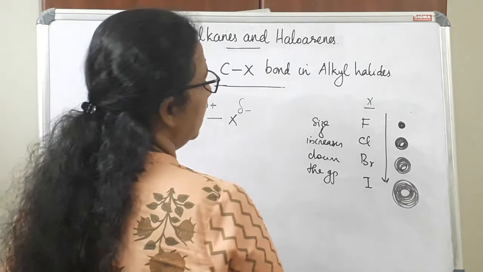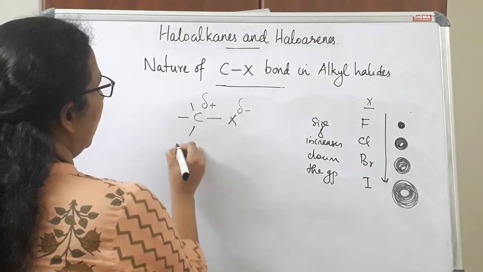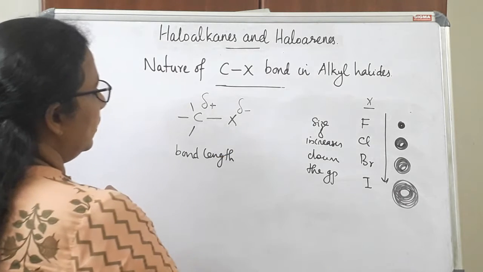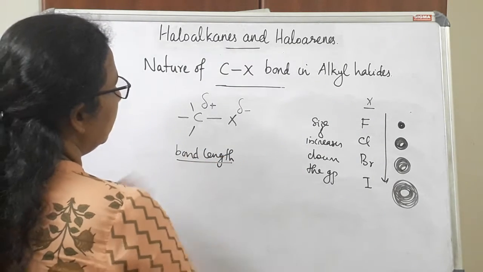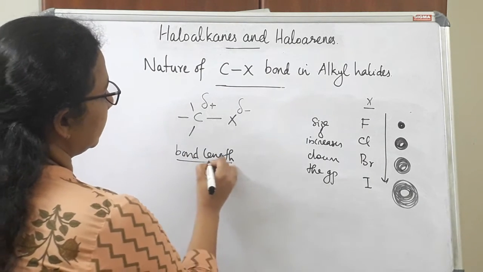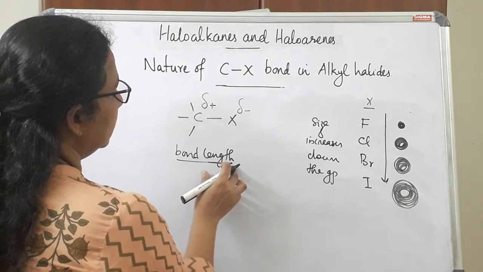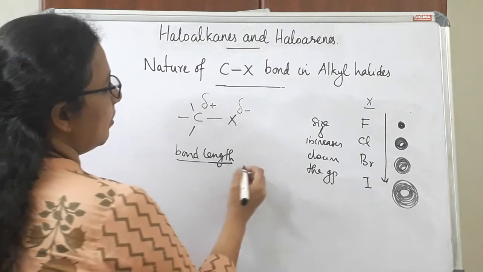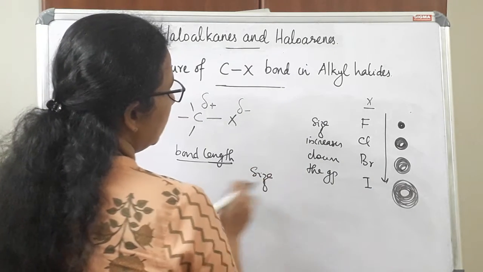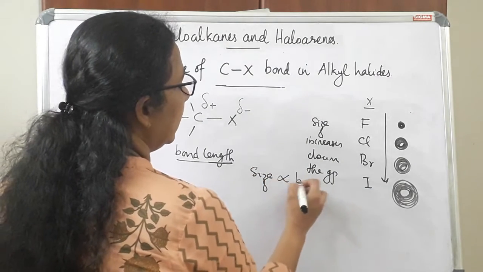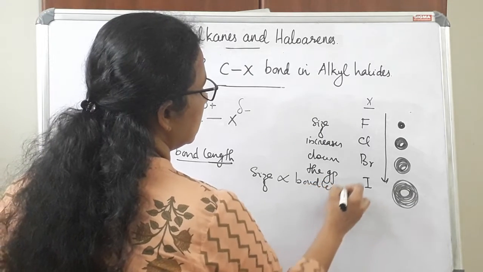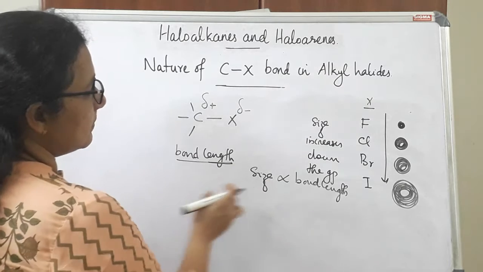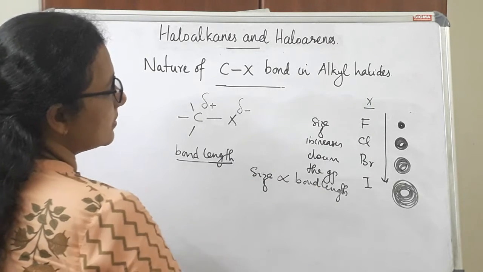Now the order of bond length: the bond length depends on the size of the atom. When size increases, bond length also increases. So we can tell the bond length by noting the size of the atom.